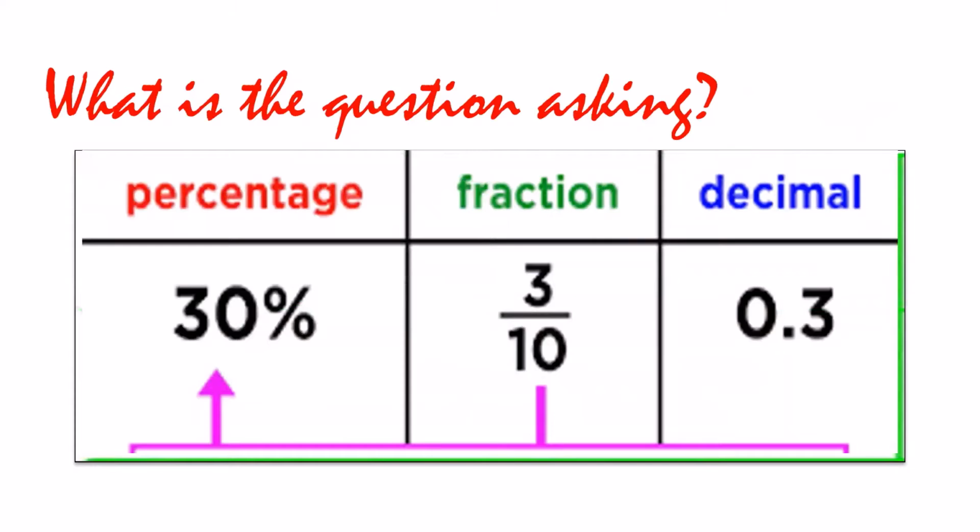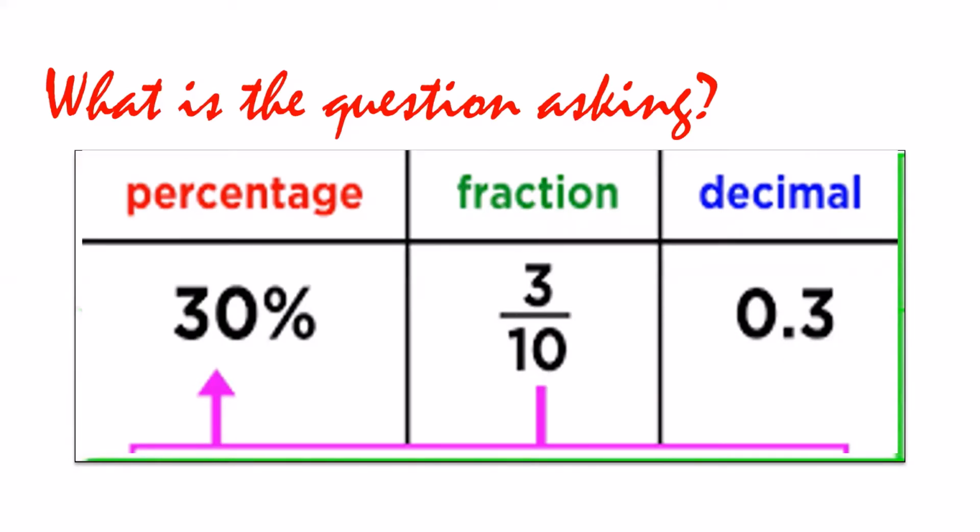Now, the word equivalent also can mean same or equal to. So 30% is the same as 3 over 10. 3 over 10 is equal to 3/10.